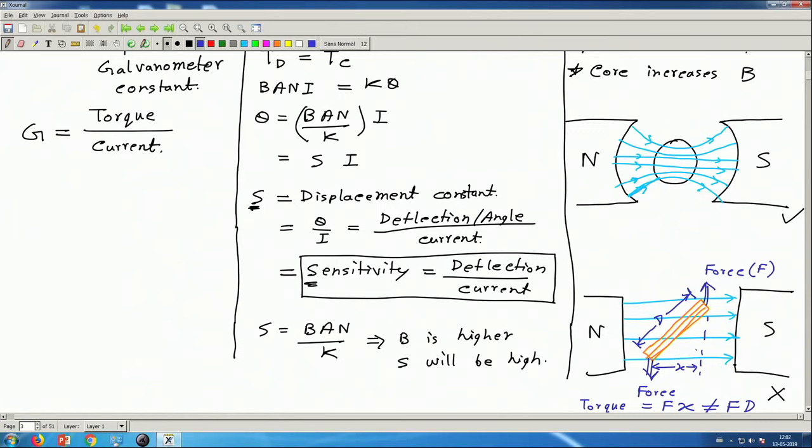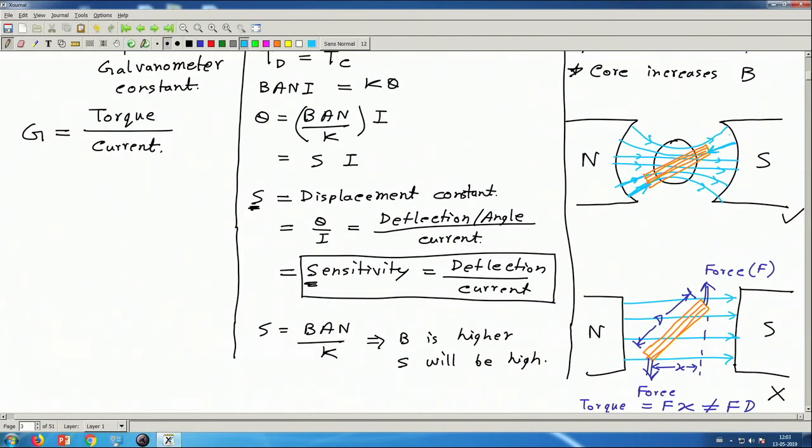Now, therefore, depending on the position or the angle of the coil, we will have different values or different expressions for torque here. So, in this case the torque expression will be different from this case. Similarly, the angle of deflection will also be different in this case from this. But here you see that if I have the coil here at any angle, the flux lines are always like this.